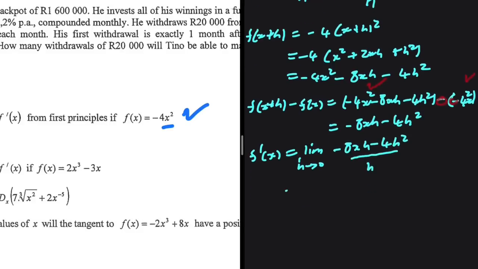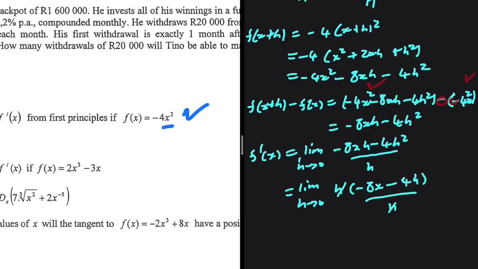If we take h as a common factor on the numerator, we're going to have h multiplied by minus 8x minus 4h, everything divided by h.